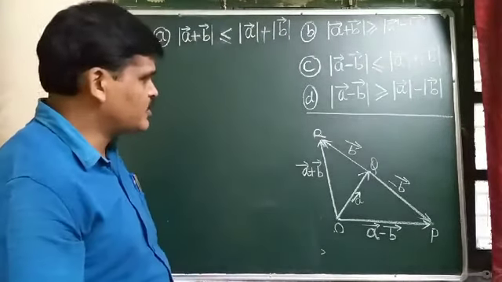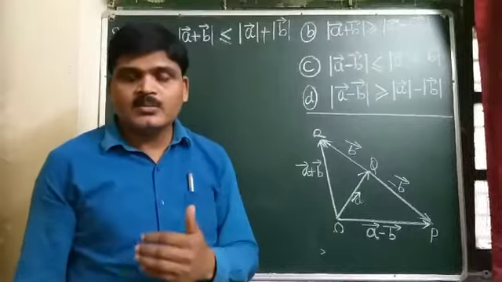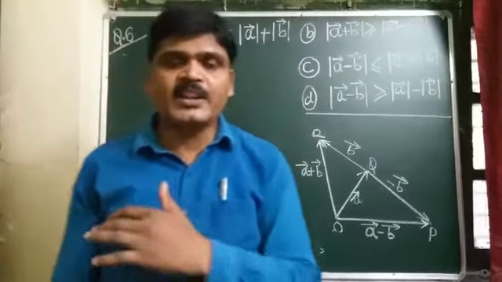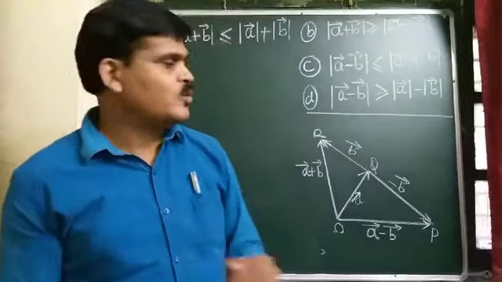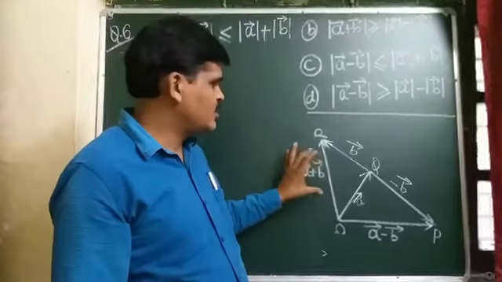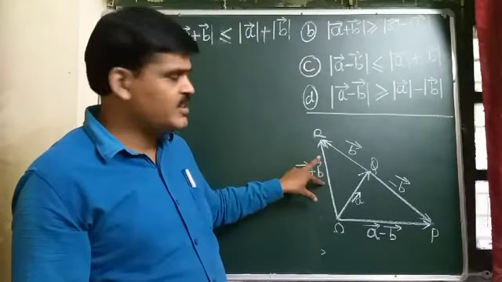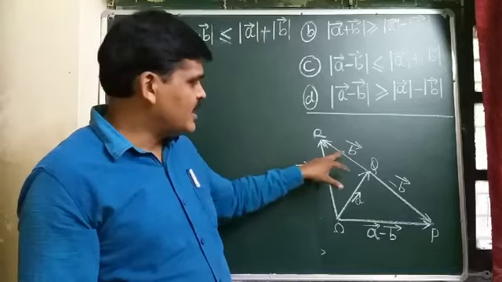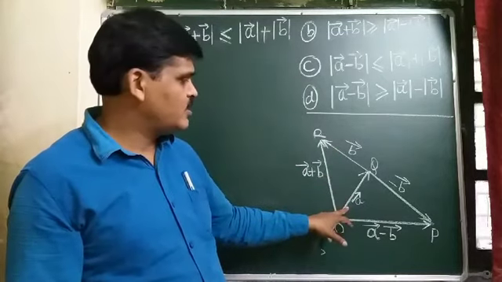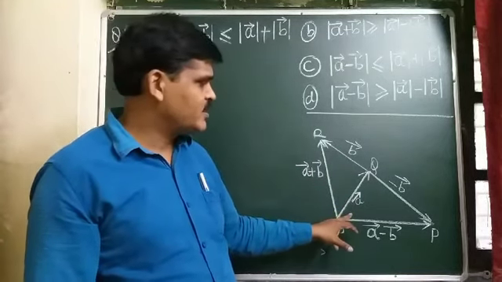And student, you know that for the formation of any triangle, one side of a triangle is always less than the sum of the other two sides.